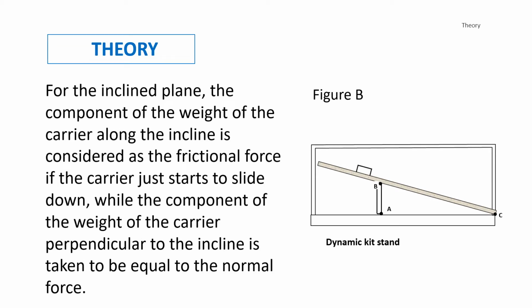For the inclined plane, the component of the weight of the carrier along the incline is considered as the frictional force if the carrier just starts to slide down, while the component of the weight of the carrier perpendicular to the incline is taken to be equal to the normal force.